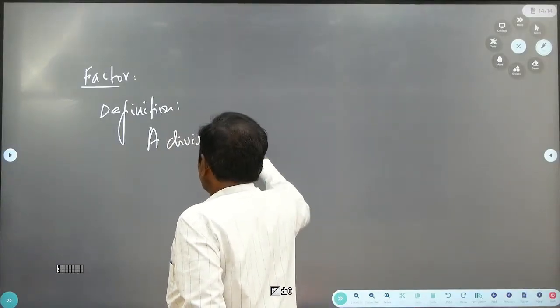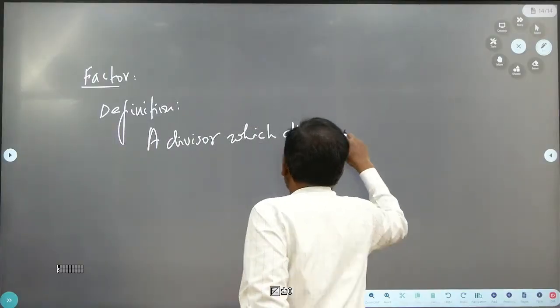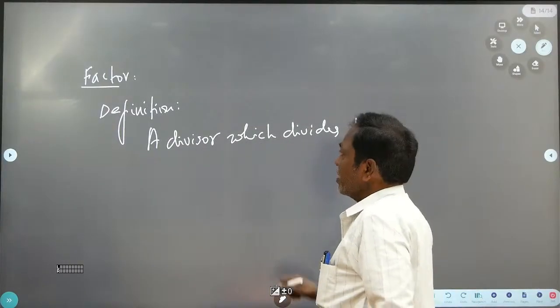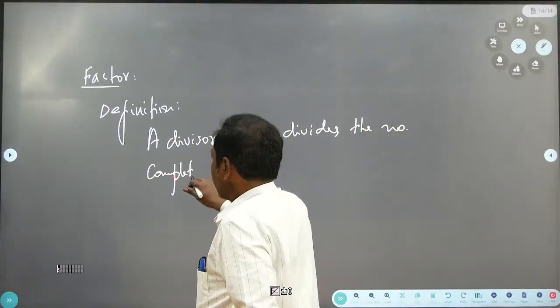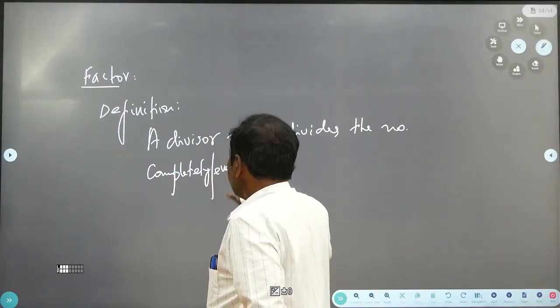A divisor which divides the number completely or evenly, both are the same meaning.